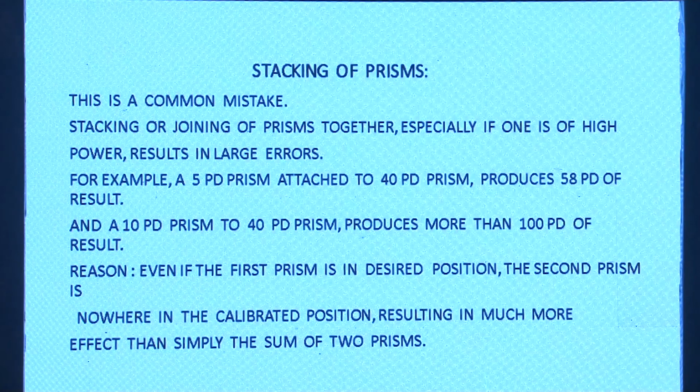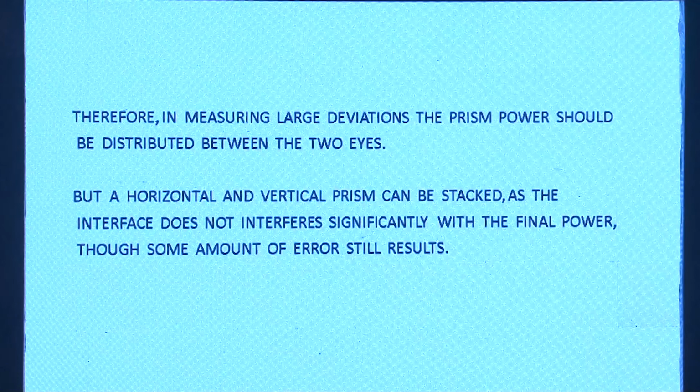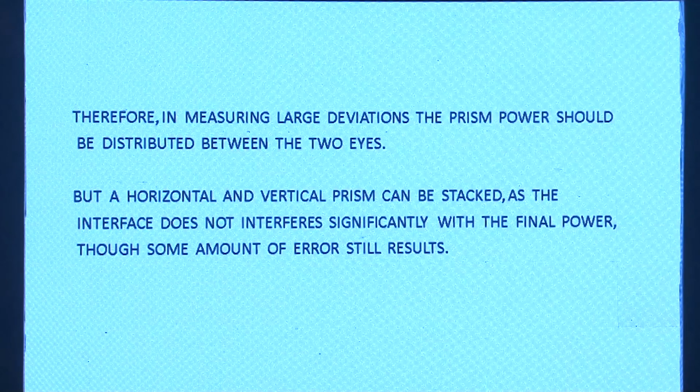If you have a large strabismus, then you divide the prism between the two eyes. Okay? So this is important. Therefore, in measuring, but horizontal and vertical can be stacked, as the interface does not interfere significantly with the final power. That is very ridiculous. But these are all optical physics.